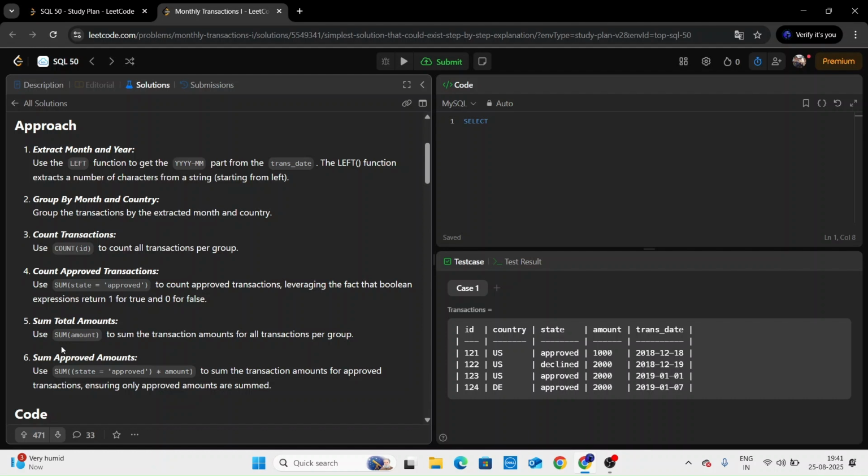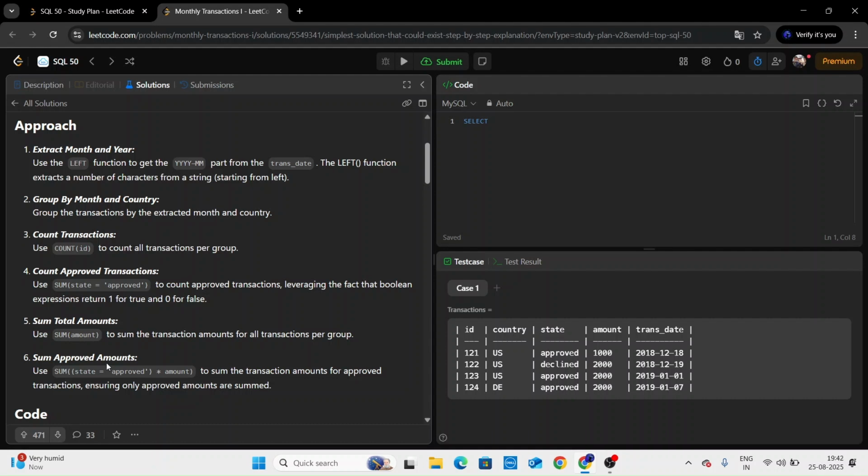It is a basic aggregate function. Then after that we will use sum state is equal to approved into amount. This basically says that if state is declined, then it will be 0. So 0 into amount will be 0 again. So we can use this to get the total amount of only the approved transactions.